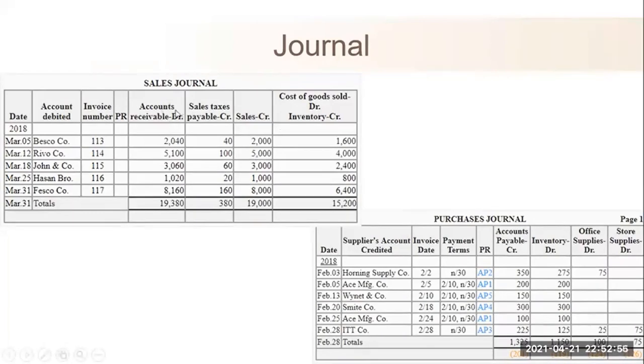Sa taas, meron tayong accounts receivable na debit. Syempre pag may bumili sa atin tapos wala pang kakayahang magbayad, on account siya. So, accounts receivable, debit yun, di ba? And then yung sales natin, credit.